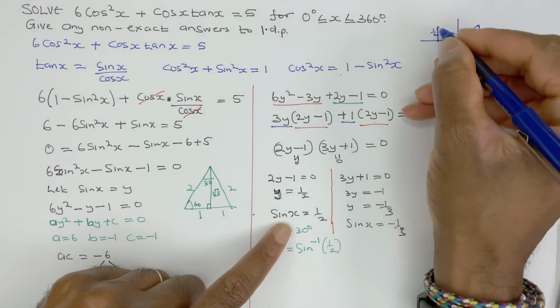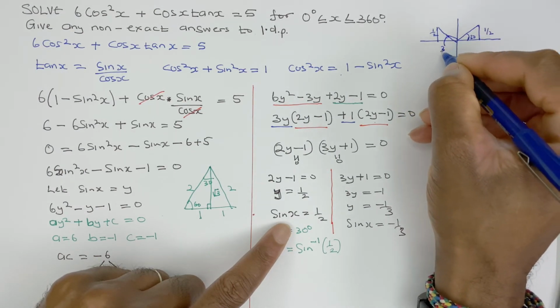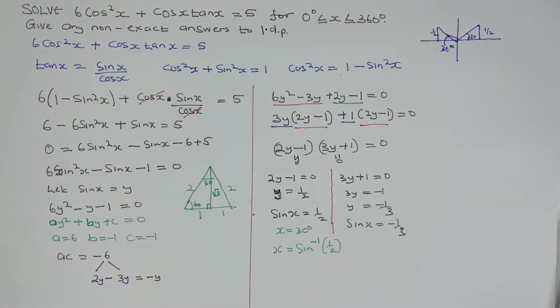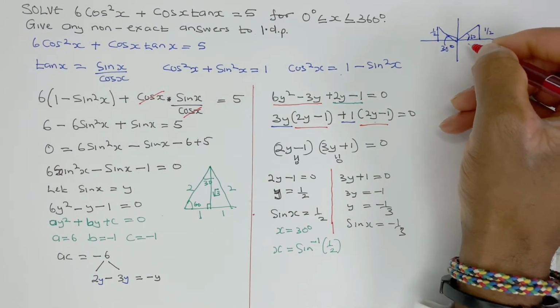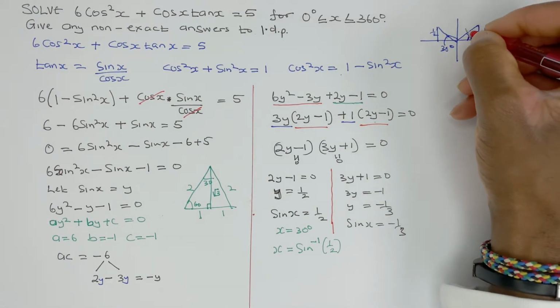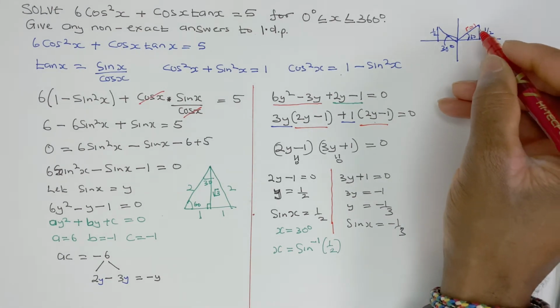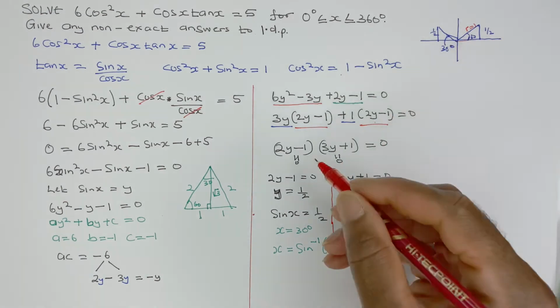So that's the half, and this is another angle here. This is 30 degrees, but what I'm looking for is, remember, the y-axis is sine, this is a unit circle, so r equals 1. The y-axis is the sine, the x-axis is the cos. We're not interested in cos, we're interested in sine.